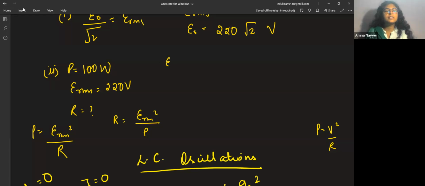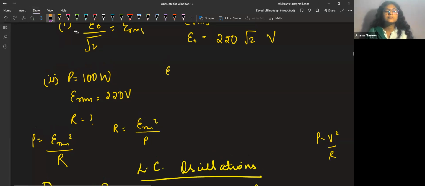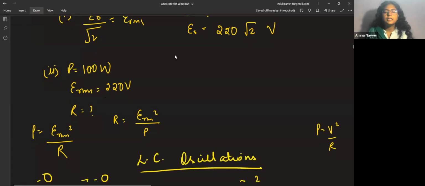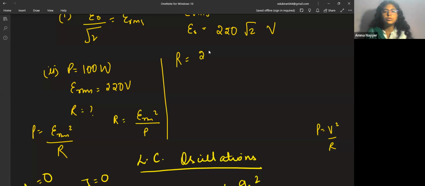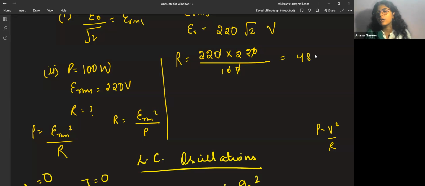So this becomes resistance is 220 into 220 divided by 100. The 0 will get cancelled. So you have 22 square, that is 484 ohms.